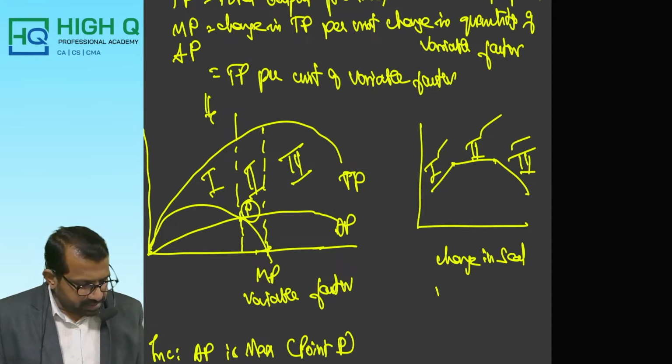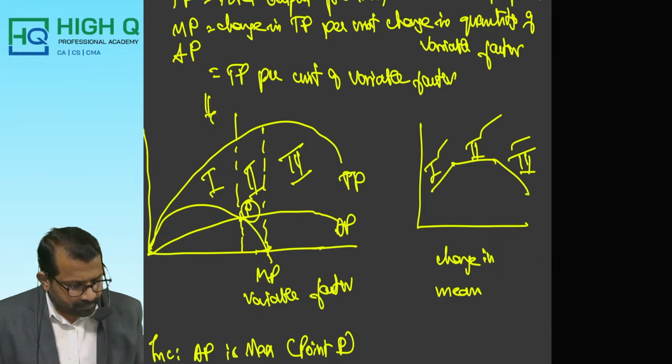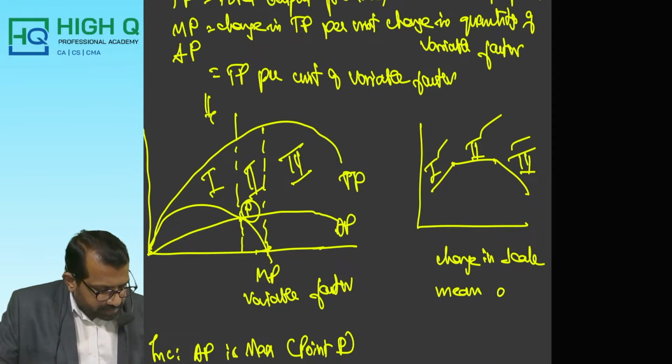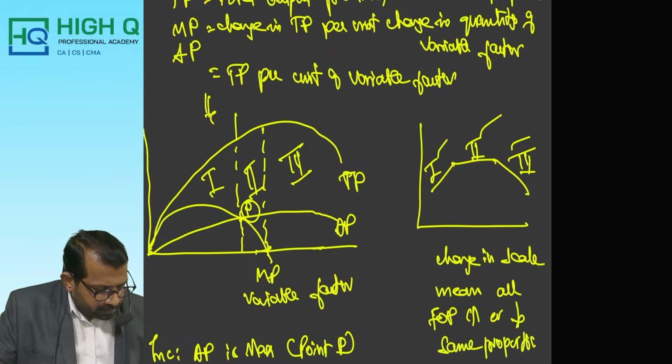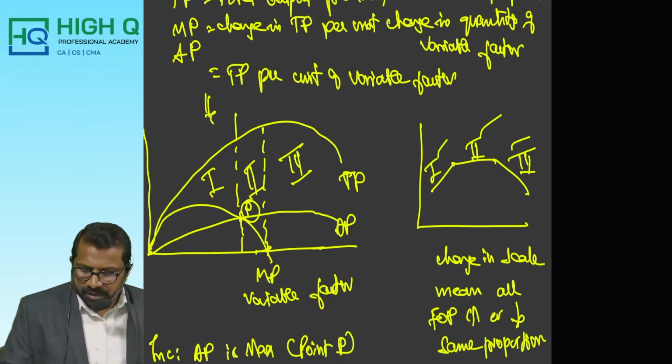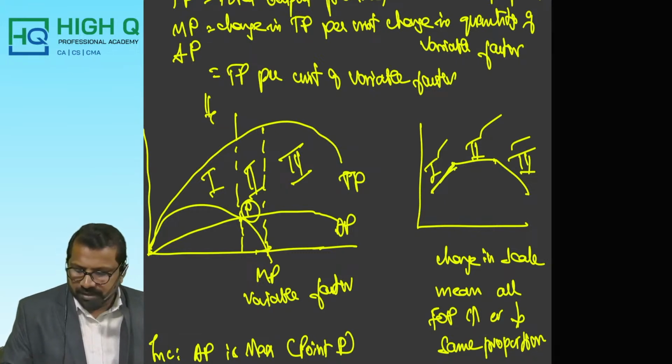Change in scale means all factors of production increase or decrease in the same proportion. In this, all the factors are variable factors. As the scale increases, at first the marginal product increases, becomes constant, and starts to decrease at a certain limit.